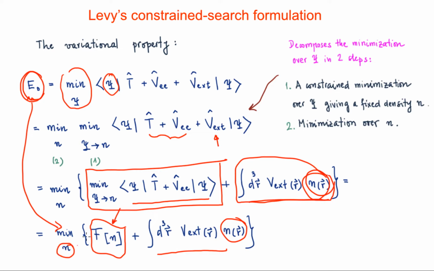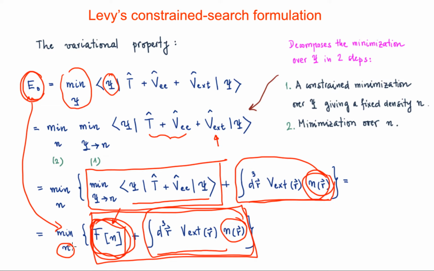You have to minimize this functional of the total Hamiltonian, which includes two terms: the universal functional, universal in the sense that it does not depend on the external potential, and another term that just depends on the external potential. The minimization in the end gives you the ground state energy.